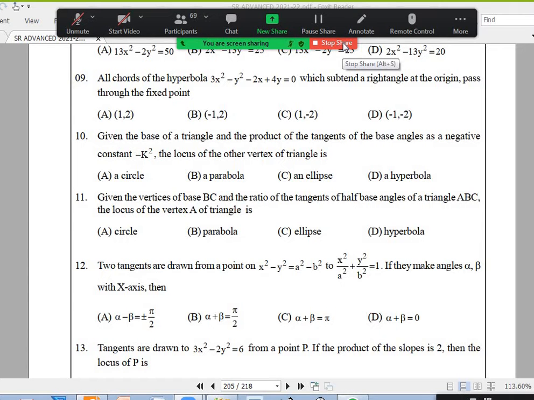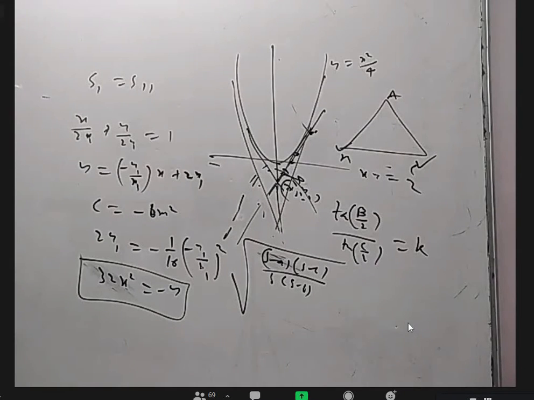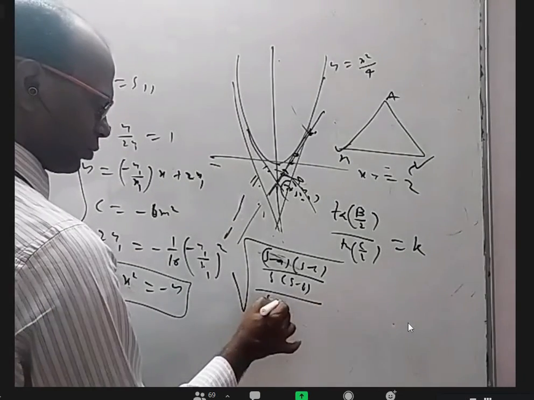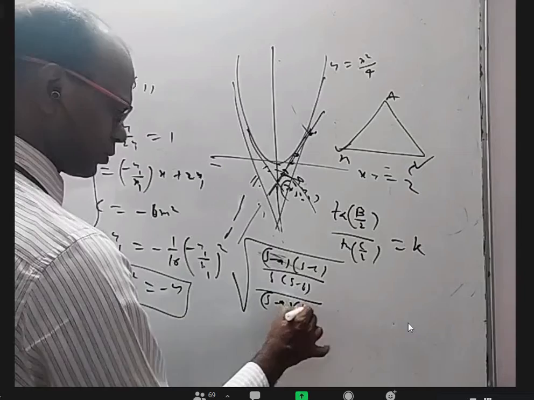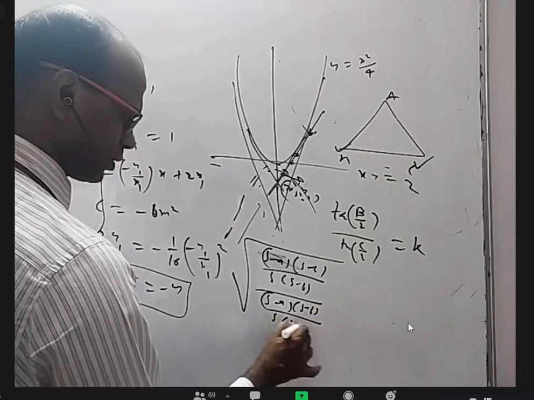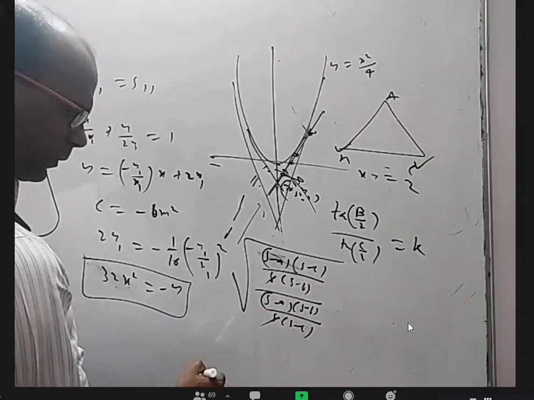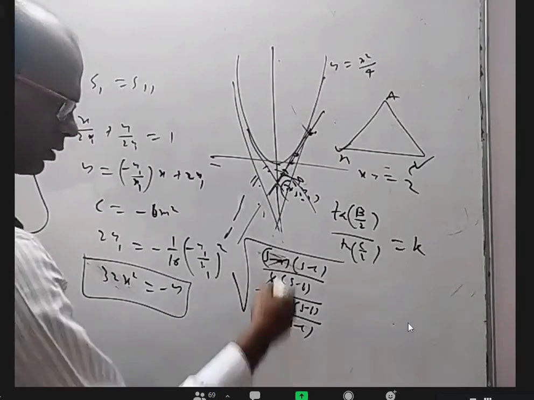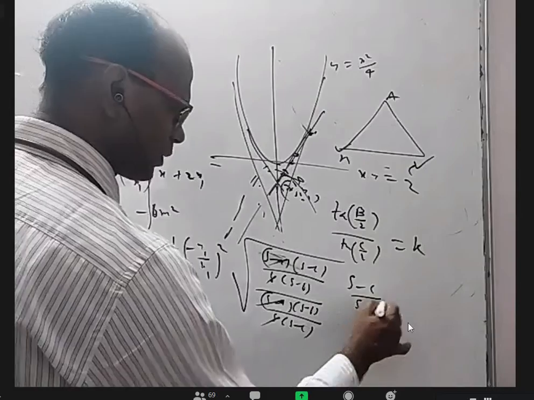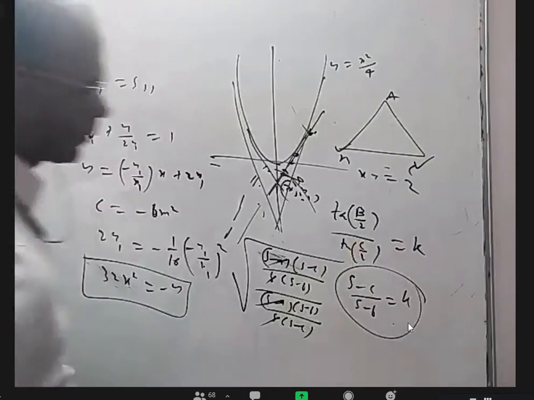Okay, fine. And tan C by 2 is square root of S minus A into S minus B by S into S minus C. I can cancel S minus A. So I'll get S minus C by S minus B is some constant.